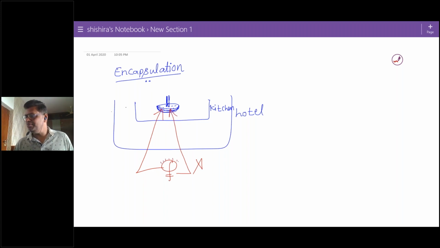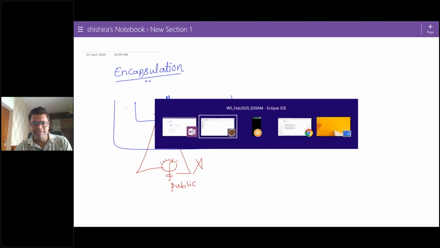Does it mean that any public can go to the kitchen and start eating this food? Certainly not, right? I agree that this food is meant for the customers, meant for the public, but the public cannot access it directly, correct? What could be the reason why it is not accessible directly by the public customer?